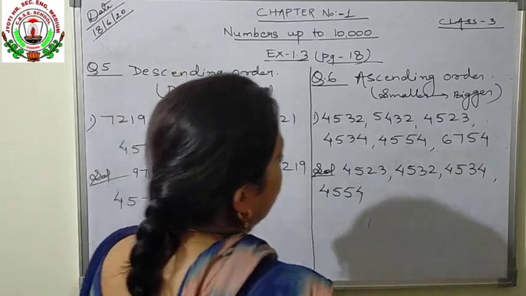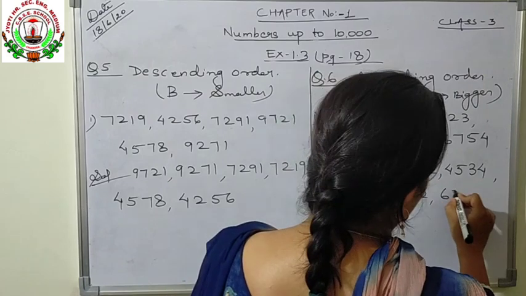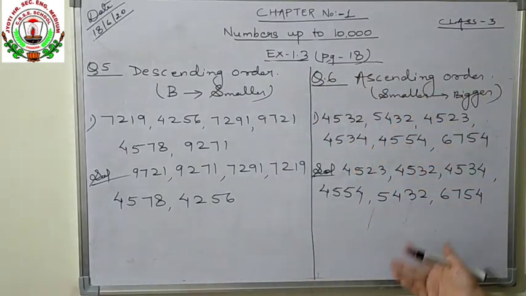Then 5,000 is left: 5,432, 6,754. Like this you are going to arrange the numbers in ascending order, from smaller to bigger.